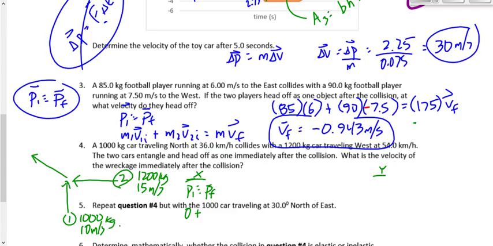Why did I make that 0? Hamish? Good, because it's not on the x-axis. It's all on the y-axis. Plus 1,200 times negative 15. Made it negative 15 because it was to the left, right? Equals the combined mass is 2,200 times VF. And that one works out to be negative 8.1818.